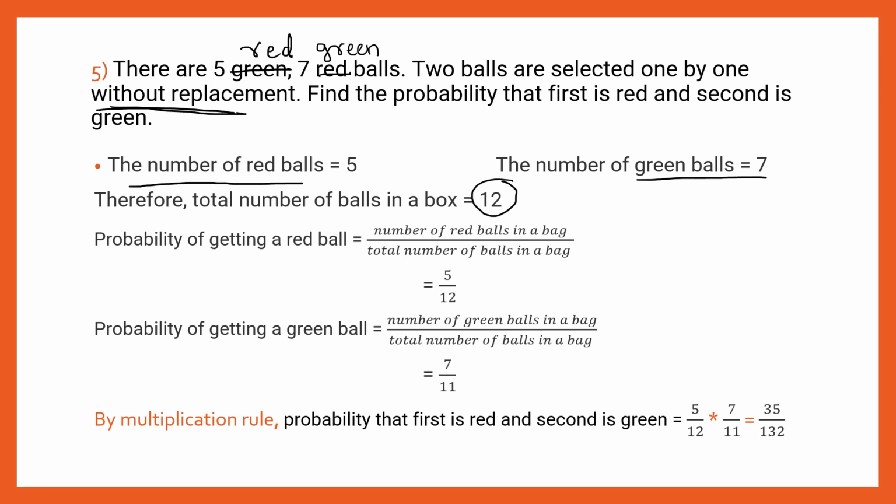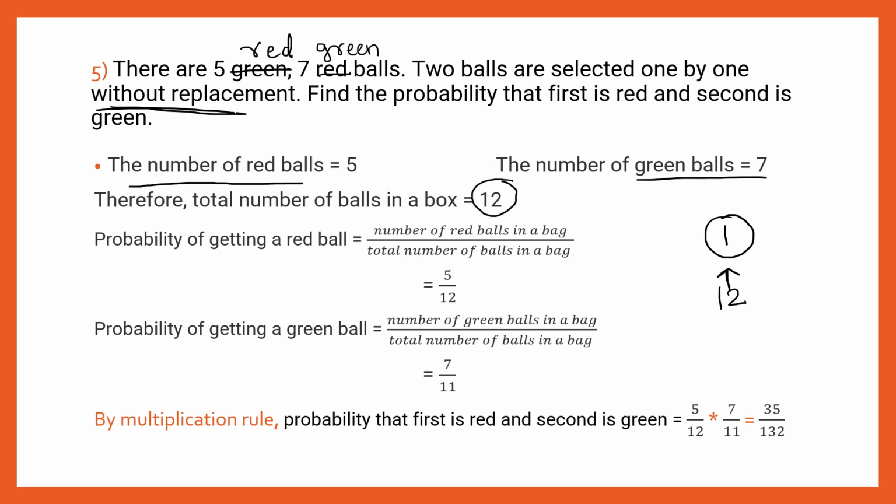What do we mean by without replacement? Which means if I'm picking the first ball out of these 12 balls, I'm picking one ball and I'm keeping it aside. I am not putting it back into the box.